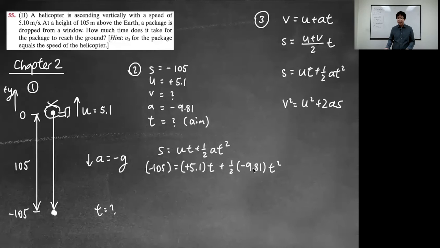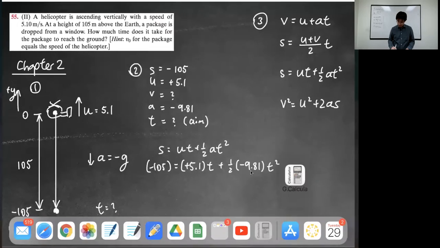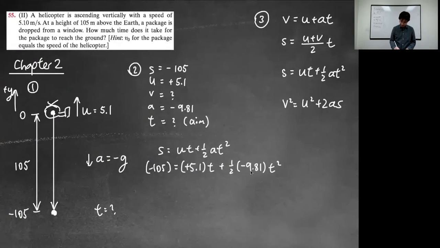So this is minus, what's 9.81 divided by 2? Let's get some of the equations out of the way. In fact, let's move it without calculating the value first, so it's clear for the reader what we have. So 9.81 t squared. I'll move this to the other side as well. So minus 5.1 t minus 105 equals 0.